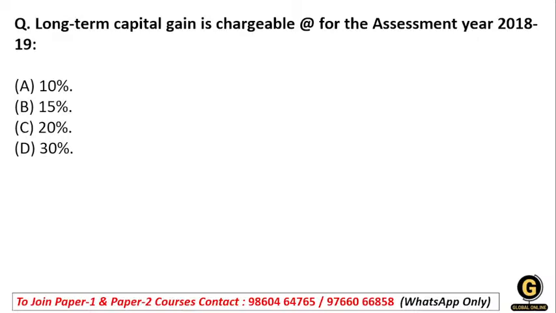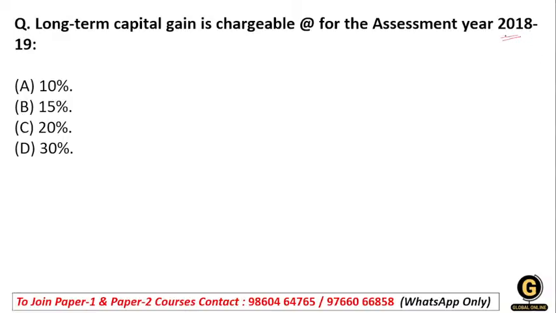Then the next question. Long-term capital gain is chargeable at the rate for the assessment year 2018-19. It is not necessary that they will ask the question for the current year.